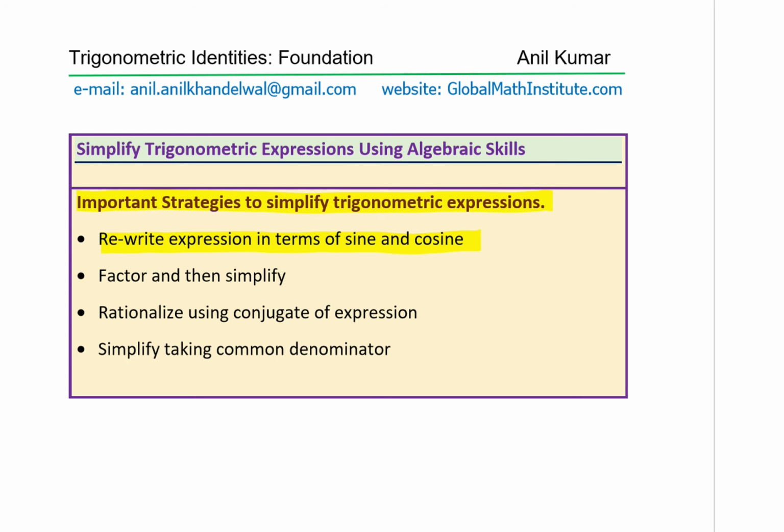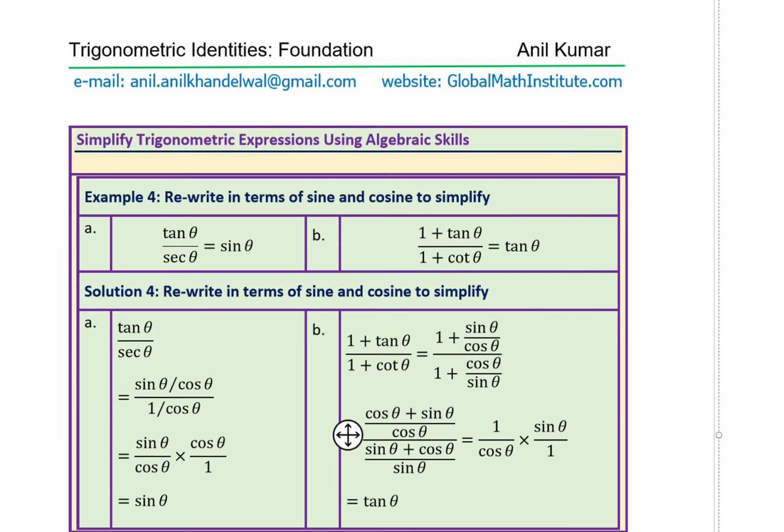So, whenever you see tan, cotangent, secant, cosecant terms, write them as sine and cosine, and then it'll be easier for you to simplify. You could factor and then simplify. You could rationalize using the conjugate of an expression, and you can take a common denominator and then simplify. So these are the strategies which we are going to adopt to solve some of our questions.